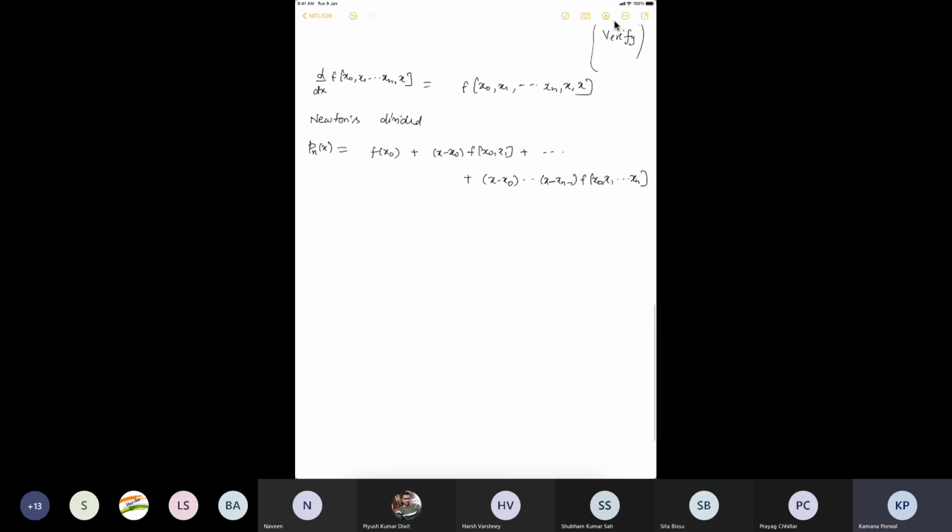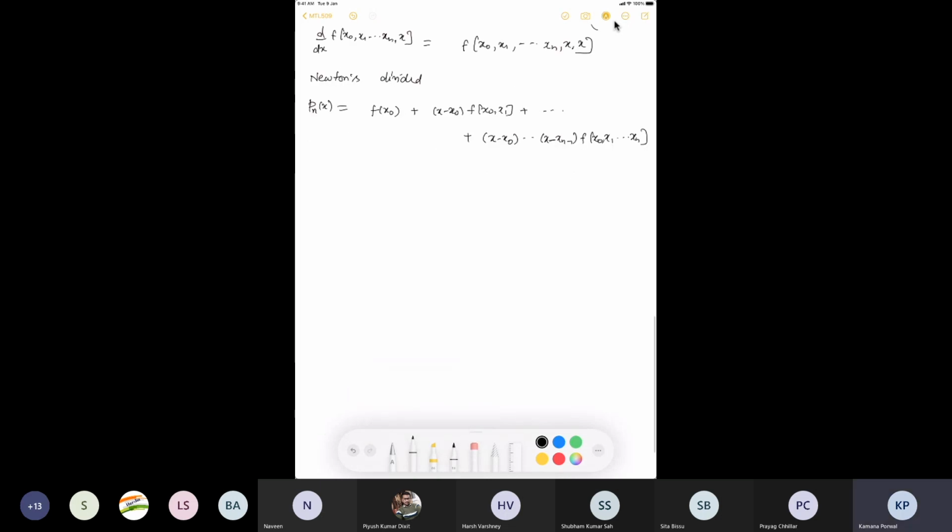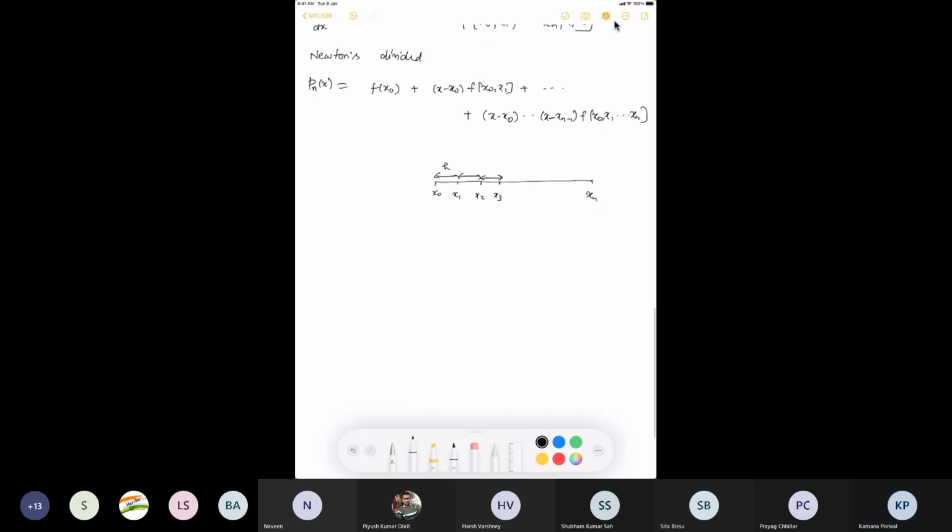So what we are going to do, if we assume that my nodes are equally spaced, suppose I have x0, and then all of my nodes are equally spaced: x1, x2, x3. So the distance between any two consecutive nodes is the same. Let's call the distance h.